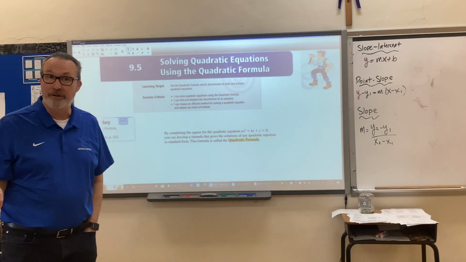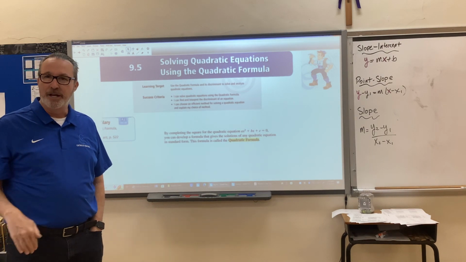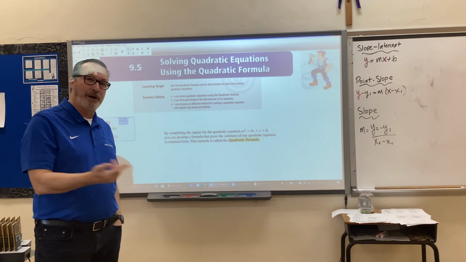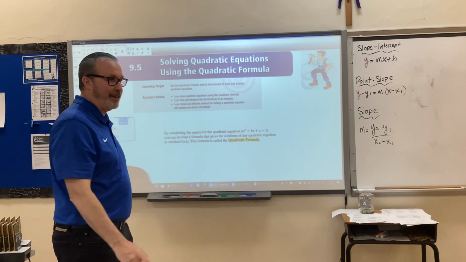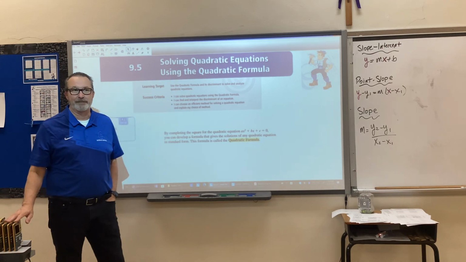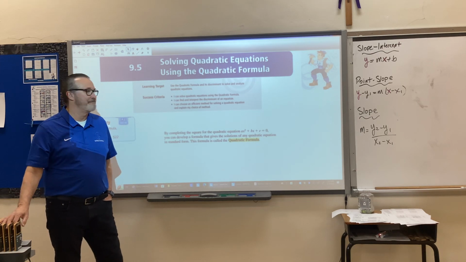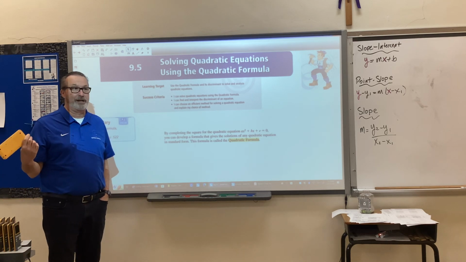Completing the square, you can solve a quadratic equation by taking square roots. You complete the square, solve for the squared thing, square root both sides with a plus or minus. Remember that? Hopefully it was on that last quiz. And now we've got the quadratic formula. And if you had a graphing calculator, you could just graph it and see where it crosses the x-axis.